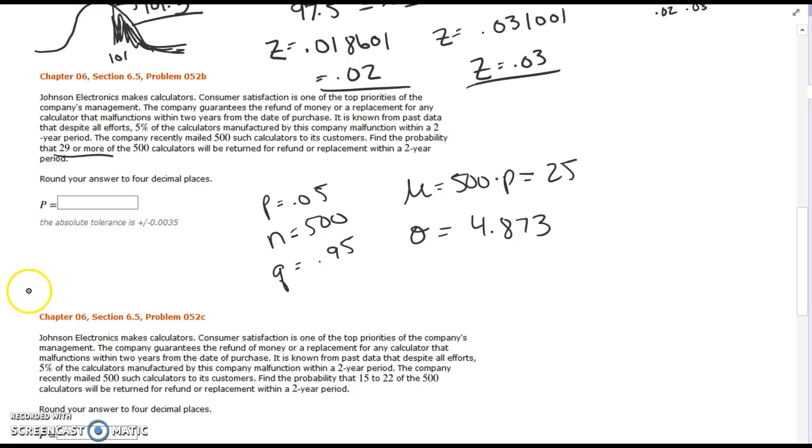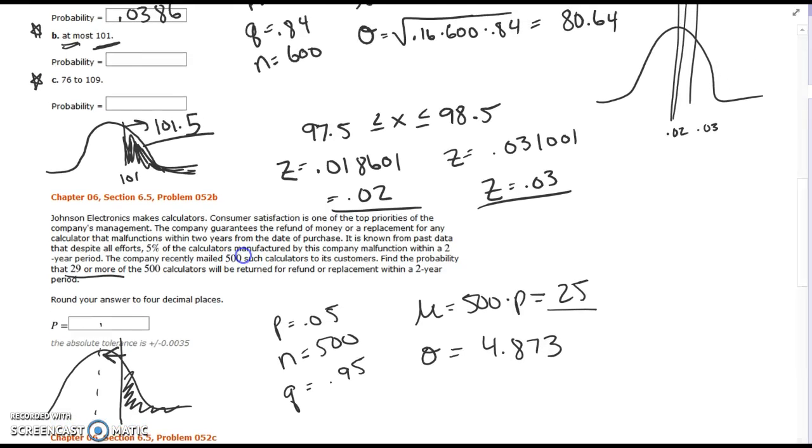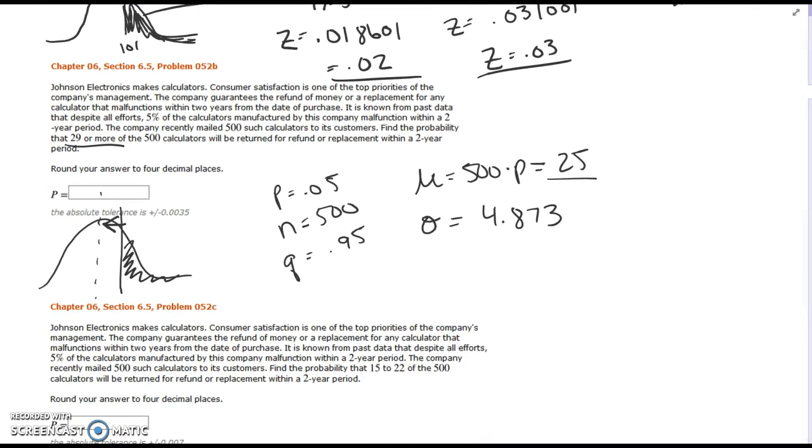So we're looking for 29 or more. It's a little more confusing because with at most we added because of the wording, but with 29 or more, we're going to subtract because this is going to be a lower bound.